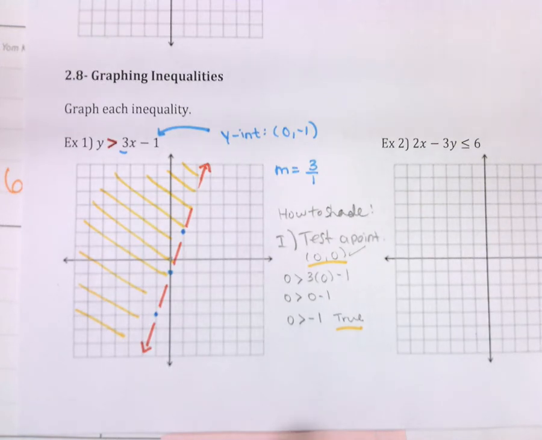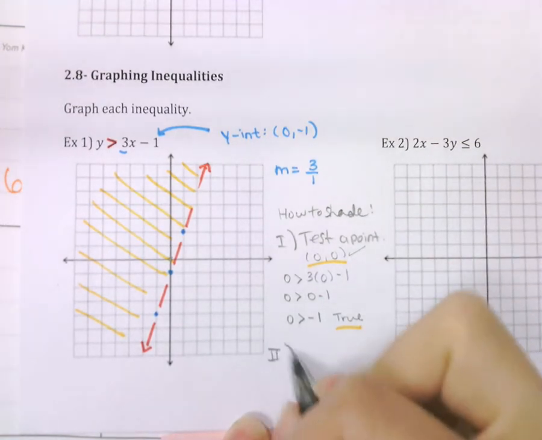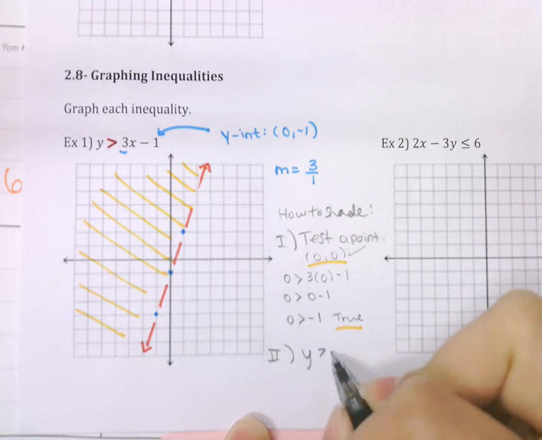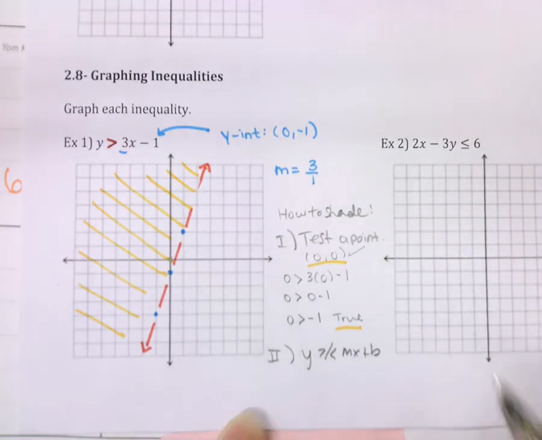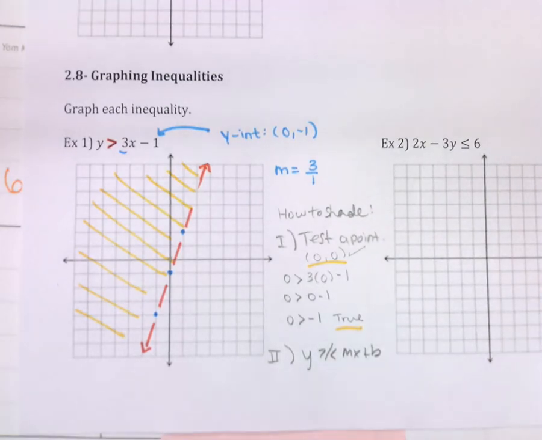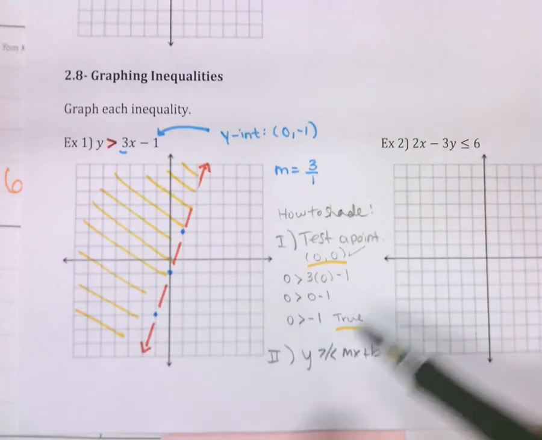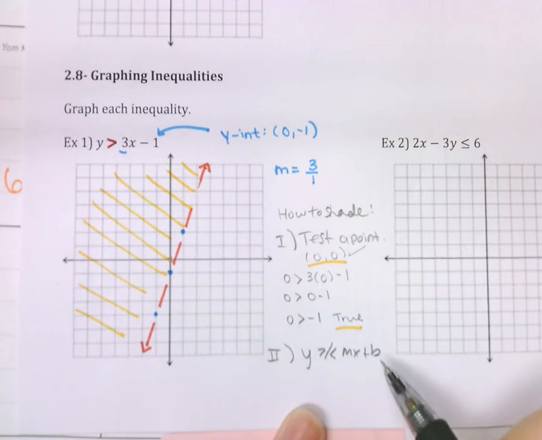So there's method number 2. It has to look like slope-intercept form. So it has to say y is greater or y is less. We have that here. We don't have that on the next example, but you can put it in y equals mx plus b form.